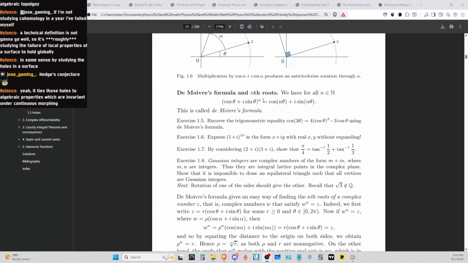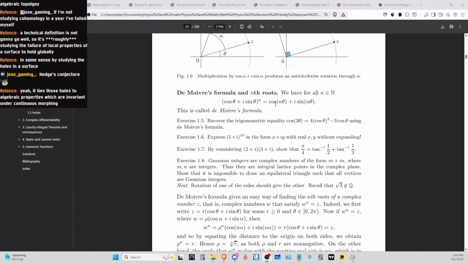Let's see, the de Rham formula. Yeah, it ties those holes to algebraic properties which are invariant under continuous morphing. Okay, so when you say continuous morphing, let's imagine the manifold is like a piece of clay, and I'm imagining it being like a bulging slime that pulsates until it forms something concrete that we can see, like a donut, right?